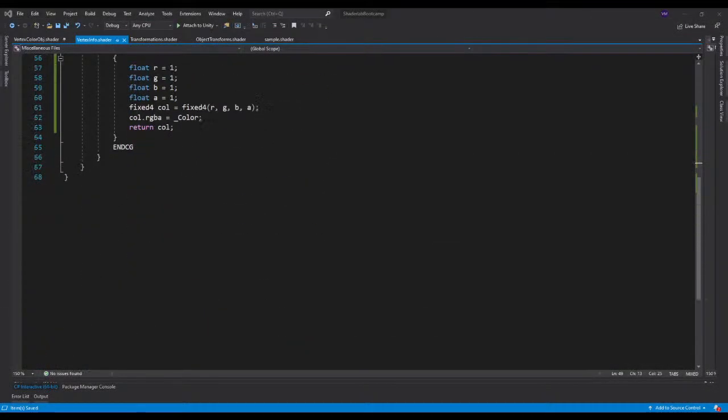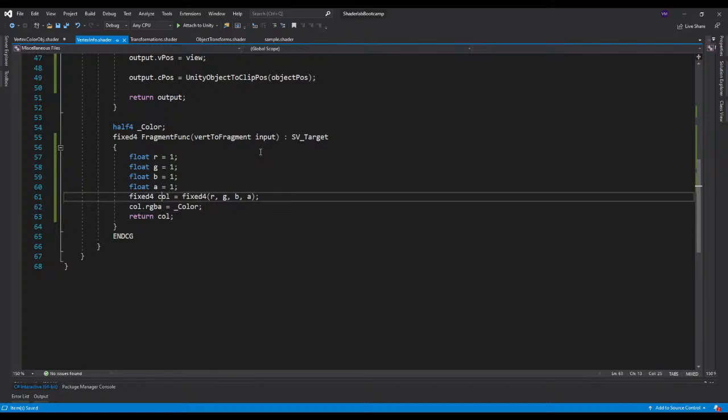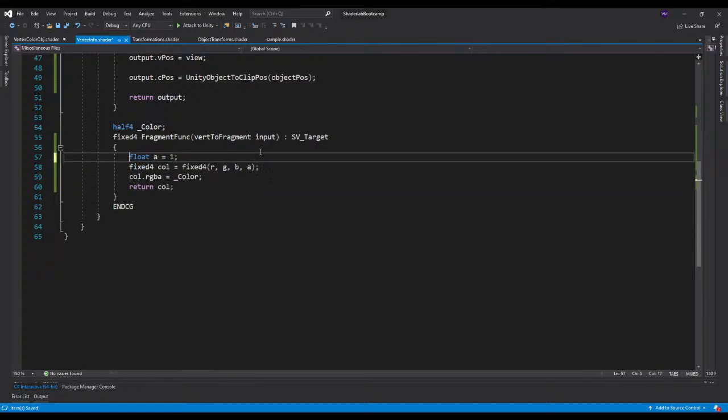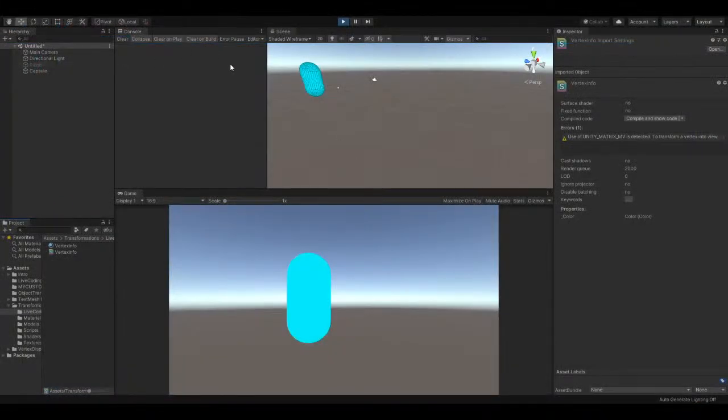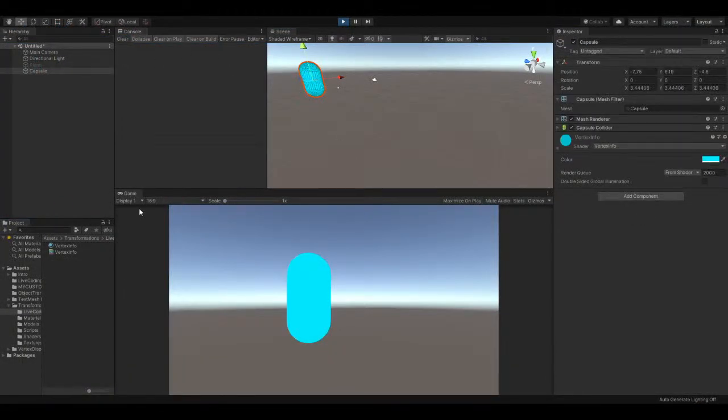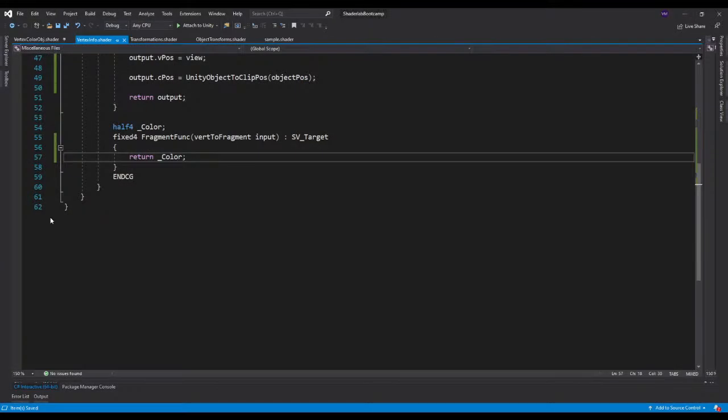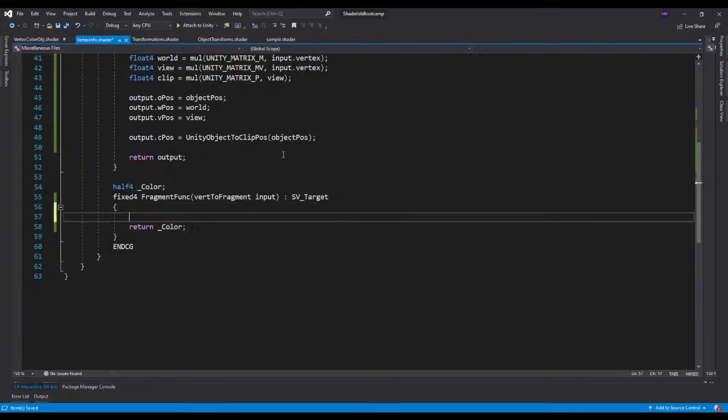Now let's try some effect that we are going to continue in the next session. The effect is very simple. Now we know how this works. If I just return RGBA, right? So I'm just going to keep it cyan. I'm going to say based on the object space, guys. This effect I'm going to start off with the object space.